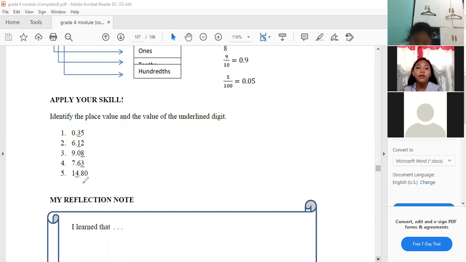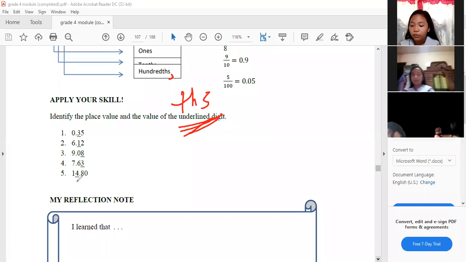The first one is ones. And then the next one is tenths. Add the THS when it is a decimal. But when it's a whole number, for example number 5, this would be ones.